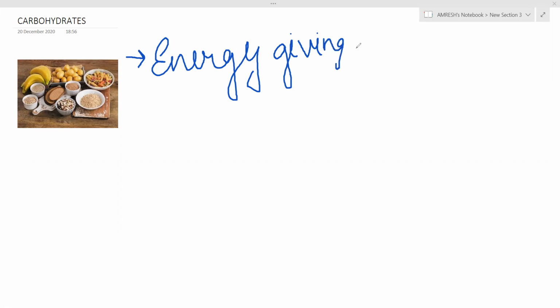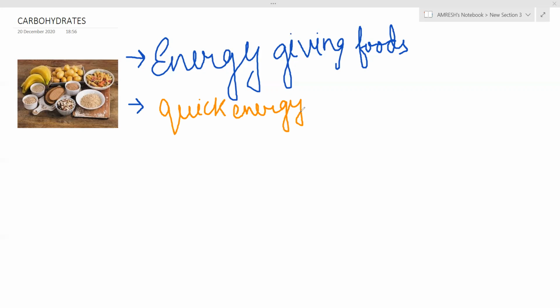So the first category is energy giving food, and carbohydrate comes under that. Why is it energy giving food? Because it provides quick energy. It provides quick energy, means fast and fast. जल्दी से जल्दी हमें ये एनर्जी देता है. That is why it is called quick energy giving food.